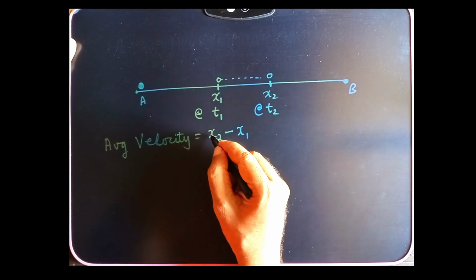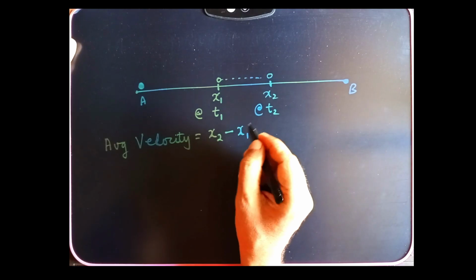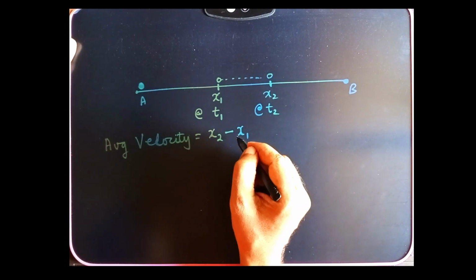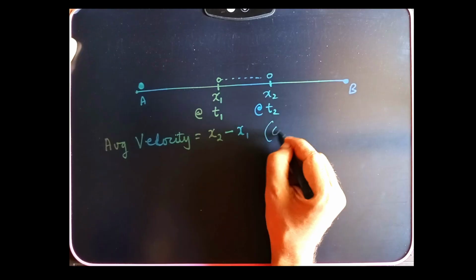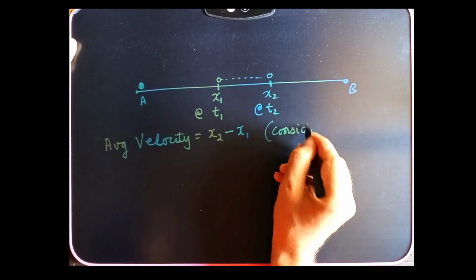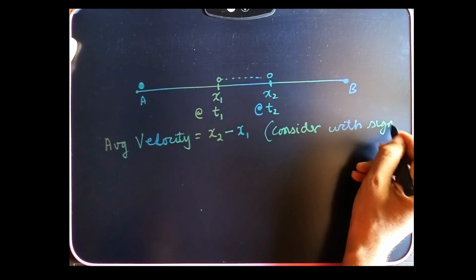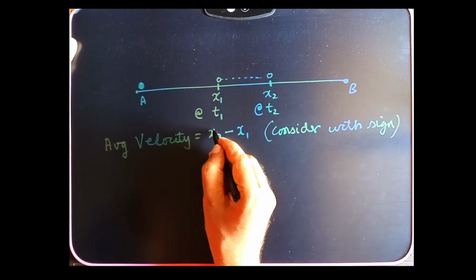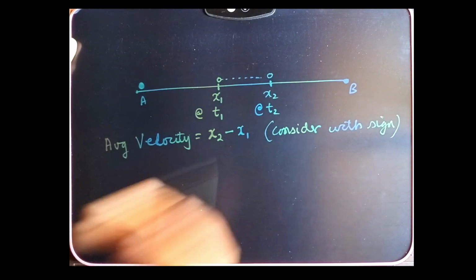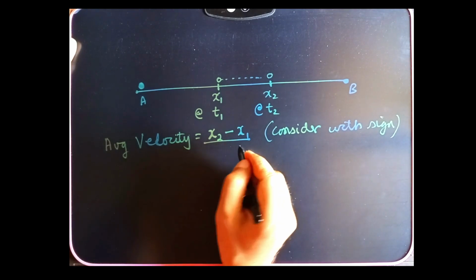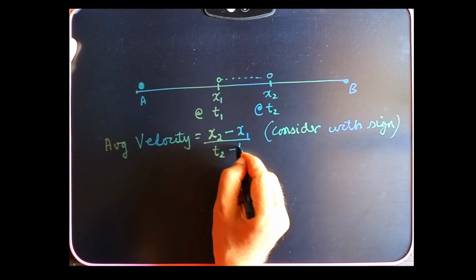Now final position and initial position you have to consider with the sign, because it is related to displacement. Because displacement tells us the direction as well, divided by t2 minus t1.